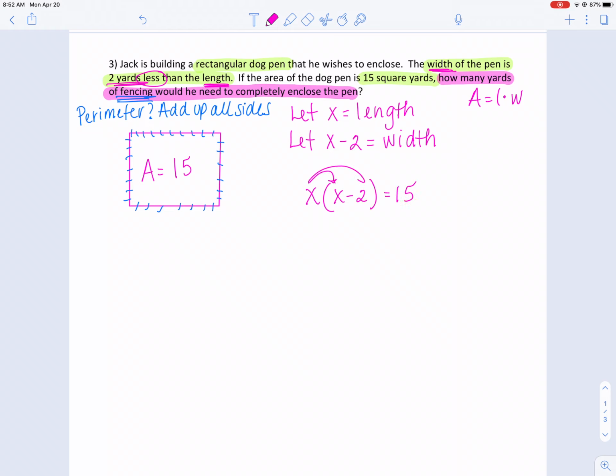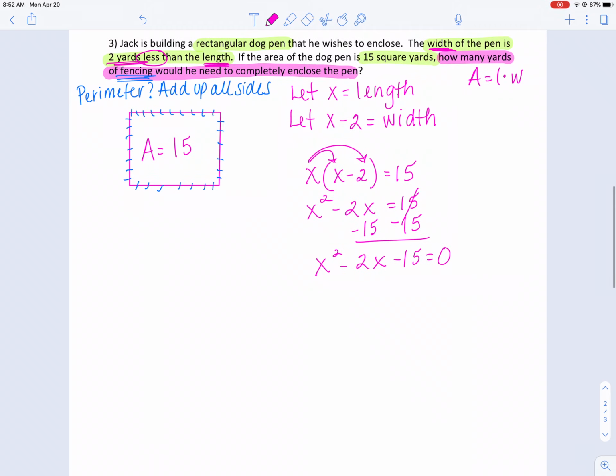So to solve for x, I'm going to distribute: x squared minus 2x equals 15. Move that 15 over. So x squared minus 2x minus 15 is 0. And once again, you're looking at a trinomial, and you're asking yourself, what multiplies to negative 15 and adds to negative 2? It's got to be a negative 5 and a positive 3.